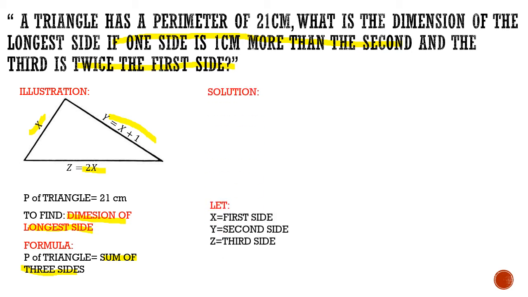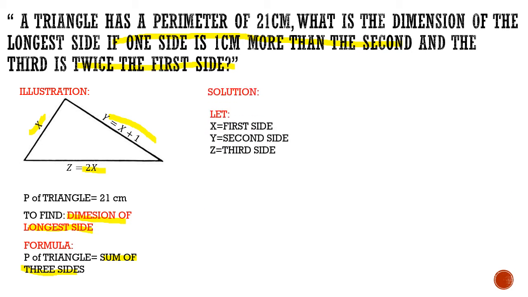So, for our solution, we let x as first side, and y as the second side, and z as our third side. So, for the formula, we have perimeter ng triangle is equal to x plus y plus z. So, ang gagawin lang natin is to substitute natin yung value na meron yung kada variable.